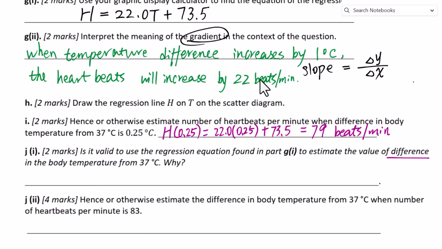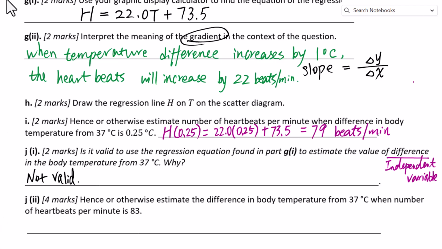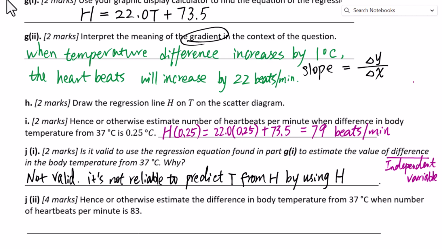You cannot use a regression line to predict the independent variable. So it's not valid because it's not reliable to predict T from H by using the H on T line.